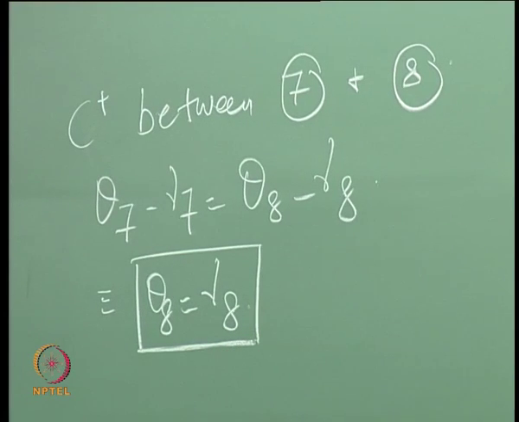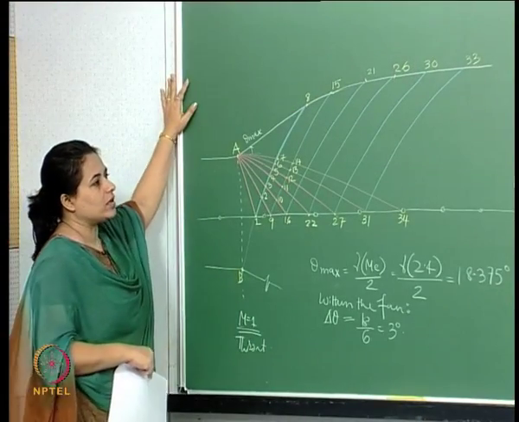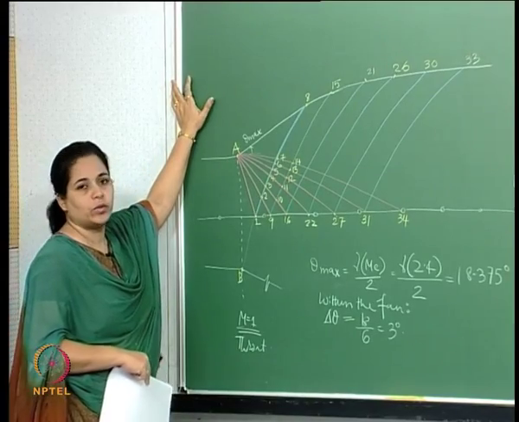Now the point is, how do we locate this? Theta 8 and mu 8 both are unknown.